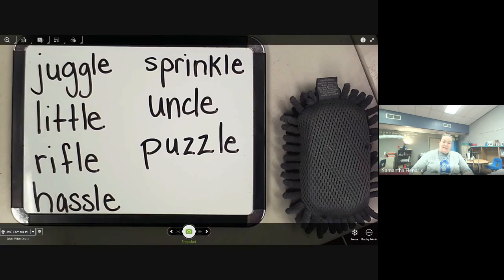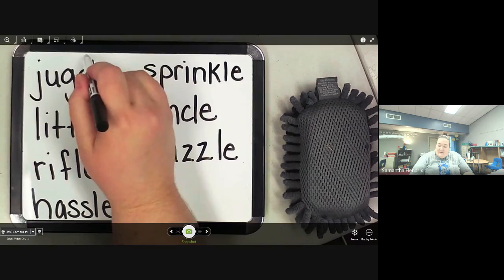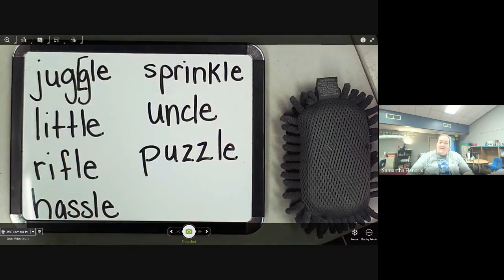A lot. So let's look. I'm just going to bracket them. The way we code final stable syllables, we bracket them. Remember, a final stable syllable is a consonant and then LE. So, right there. And then mark that E out because that E doesn't say anything.